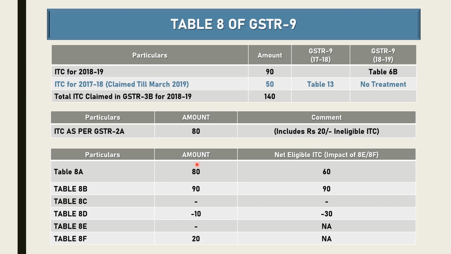basis of GSTR 2A. Now, if I take the other side of the argument, that the entire ITC which has been claimed in GSTR 3B of 1819 is to be reported in table 6B, since it is ITC availed in GSTR 3B of 1819, then I would be reporting 140 rupees in table 6B, and if I report 140 rupees in table 6B, my table 8B would be auto-populated with 140 rupees.